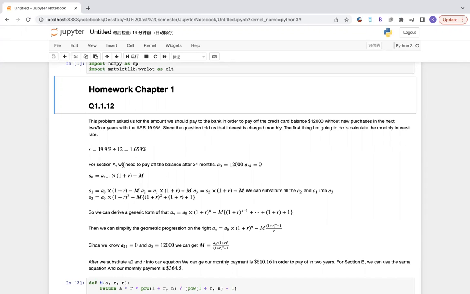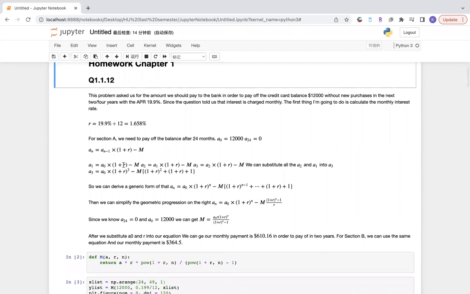And then we need to find the amount of money that we should pay each month. So for the remaining balance at month's end, it equals the remaining balance of month n minus 1 times 1 plus the monthly rate.